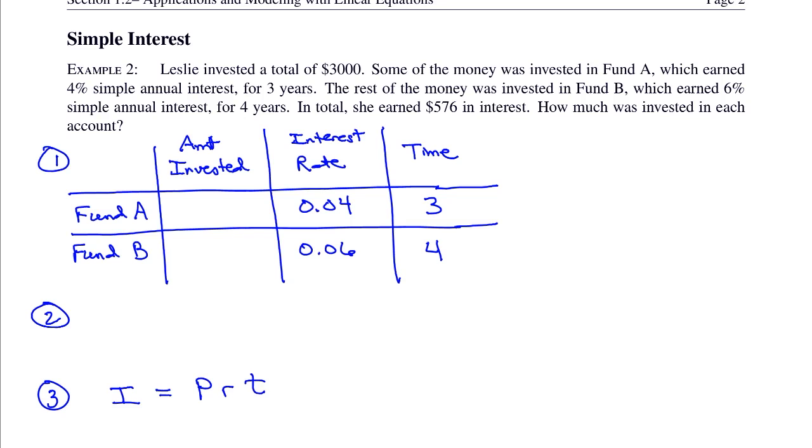Now the question is, how much was invested in each account? And we don't know, and that's what we're looking for. So I'm just going to go ahead and declare that X is the amount that was invested in Fund A. And I'll put that down here in my variable declarations as well.